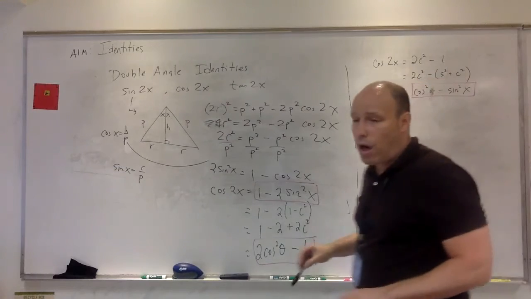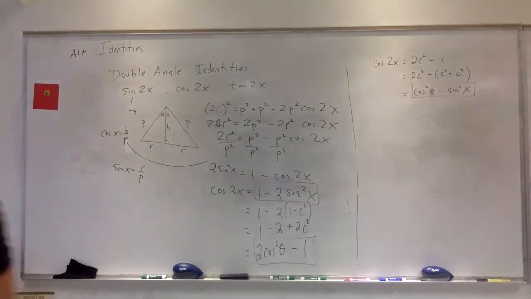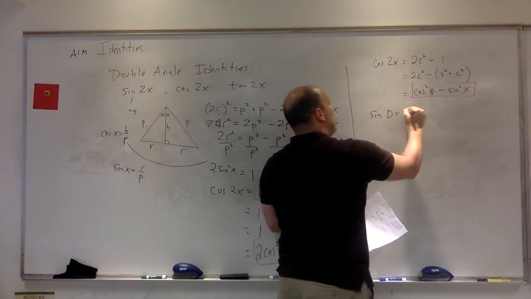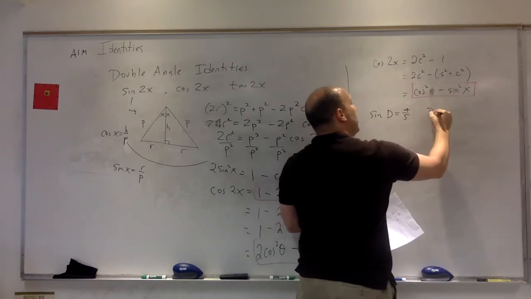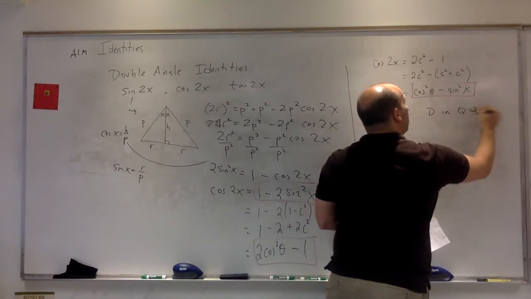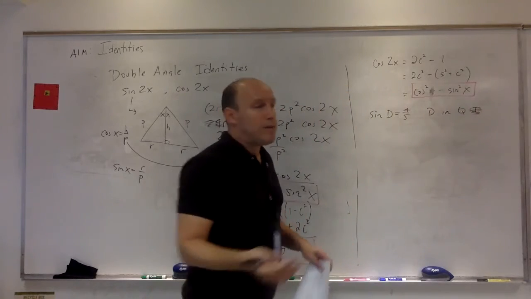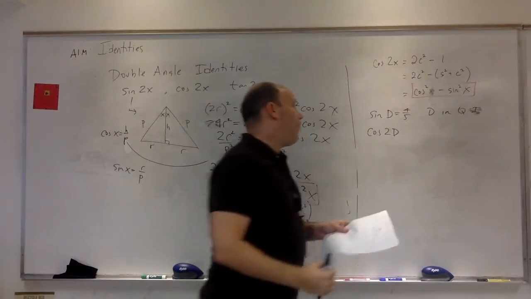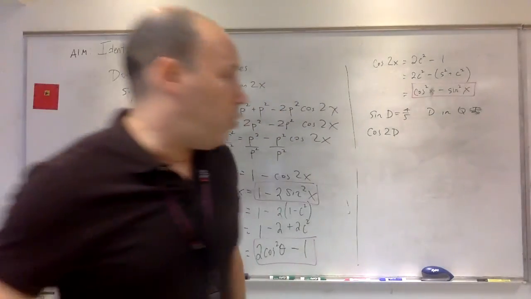So it equals 1 minus 2 times 4 over 5 squared, which is equal to 1 minus 32 over 25, and that's negative 7 over 25. Fatima might say, hey, Mr. Adler, I'd like to use the second one.